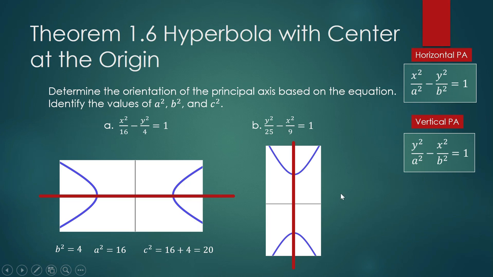What else? The denominator that comes after the subtraction is your b squared, and the other denominator is going to be your a squared. What is c squared? c squared is 25 plus 9, which is equal to, that's not equal to 29. It should be equal to 34. I'm sorry for this mistake.